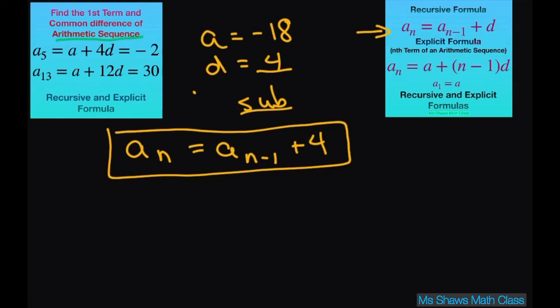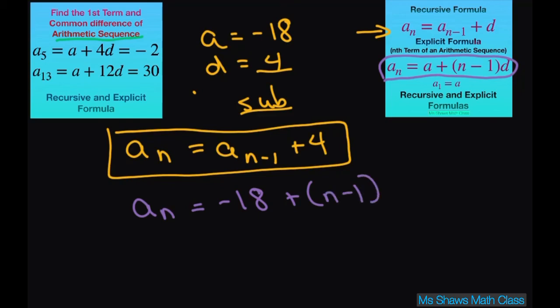The explicit formula, we're just going to substitute in for our a and d. So this is our explicit formula, or our nth term. So a sub n equals your first term, which is -18, plus n minus 1 times d. And the only thing you have to do is simplify this.